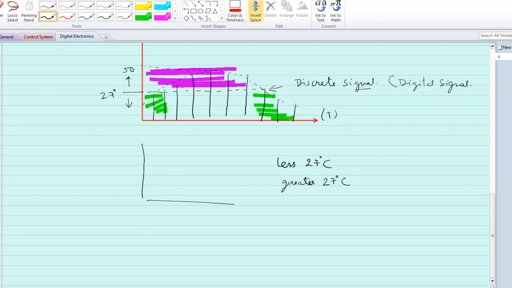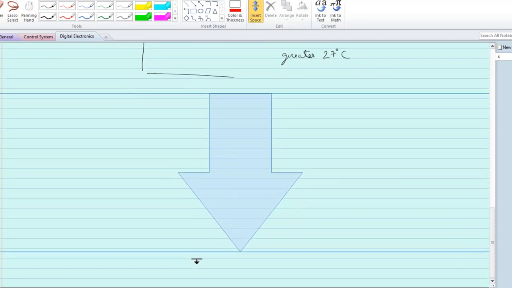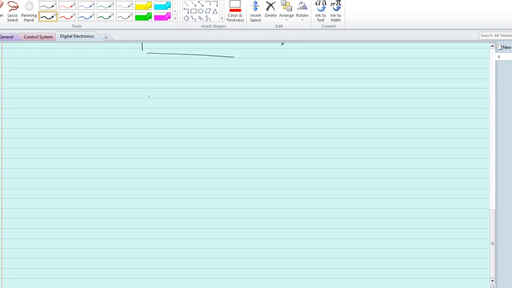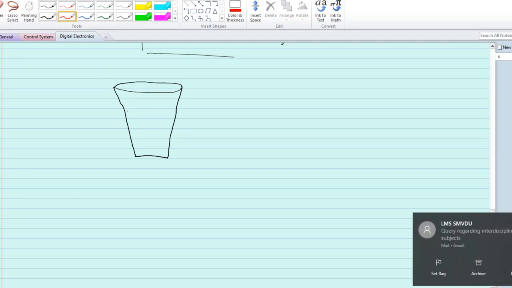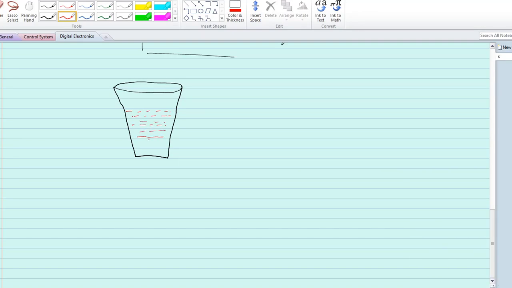Now take another example in this way. Suppose we have a glass here and we fill some water in it, like this, and at this instant you can say that this glass is not actually full, not empty, but it has some value here.